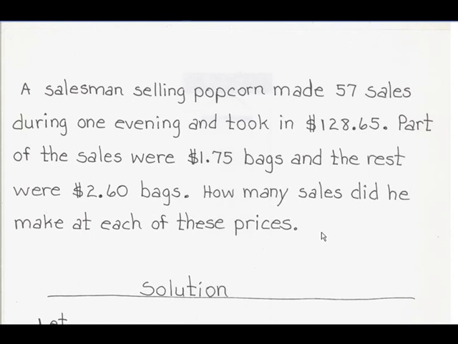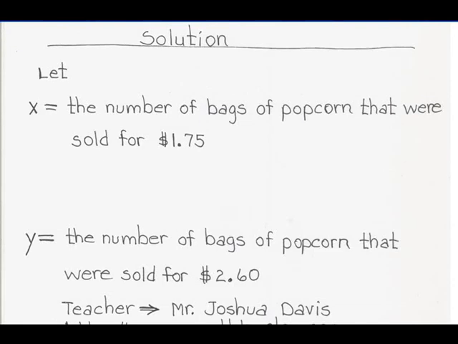Well, let's move in and take a look at our solution. Okay, ladies and gentlemen, in this case, we're going to use some labels here, some variables. Let X equal the number of bags of popcorn that were sold for $1.75.